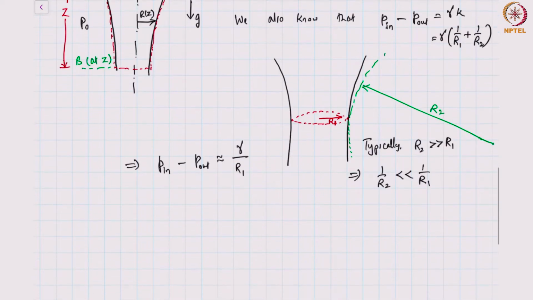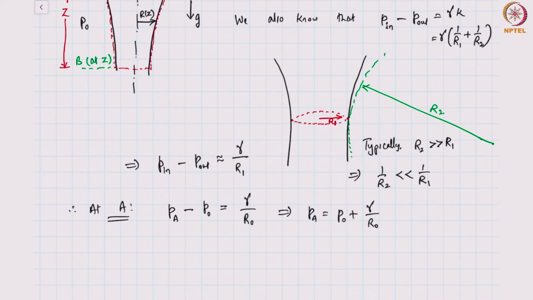Alright? And therefore at A, if I apply this relation, the pressure inside will be PA, the pressure outside is P0, and this will be equal to gamma by R0. And therefore the pressure at the location A will be P0 plus gamma by R0. Note that the pressure here is only a dynamic pressure, the local pressure because of dynamics.